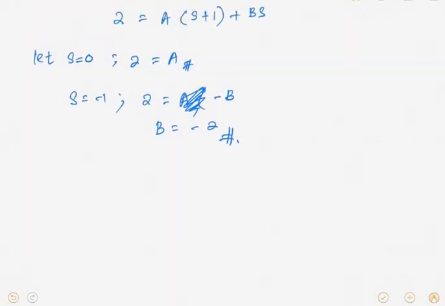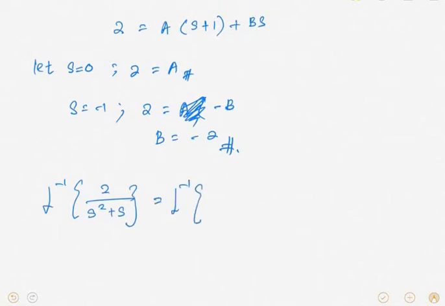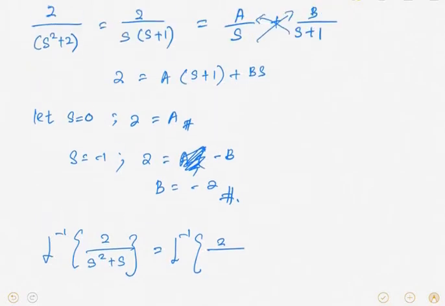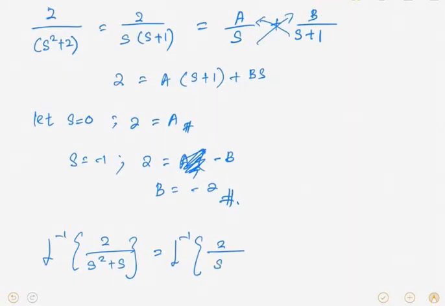Alright, so you can substitute back. So the inverse Laplace transform of 2 over s squared plus s equals, A is 2 over s, minus, with B being negative 2, over s plus 1.